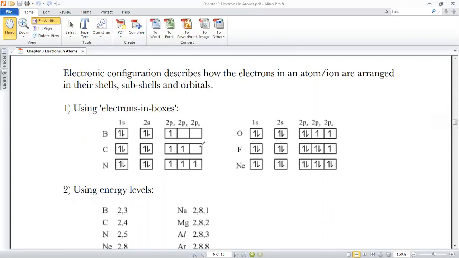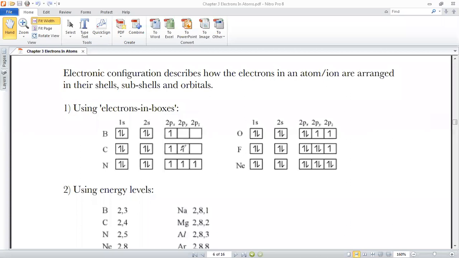This will provide them with greater stability. So you see that here we have 1s2, 2s2, and then 2px has one electron and 2py has one electron. We do not put two electrons in 2px, otherwise it will be very unstable and we will not follow the rule, and the rule is based on stability.